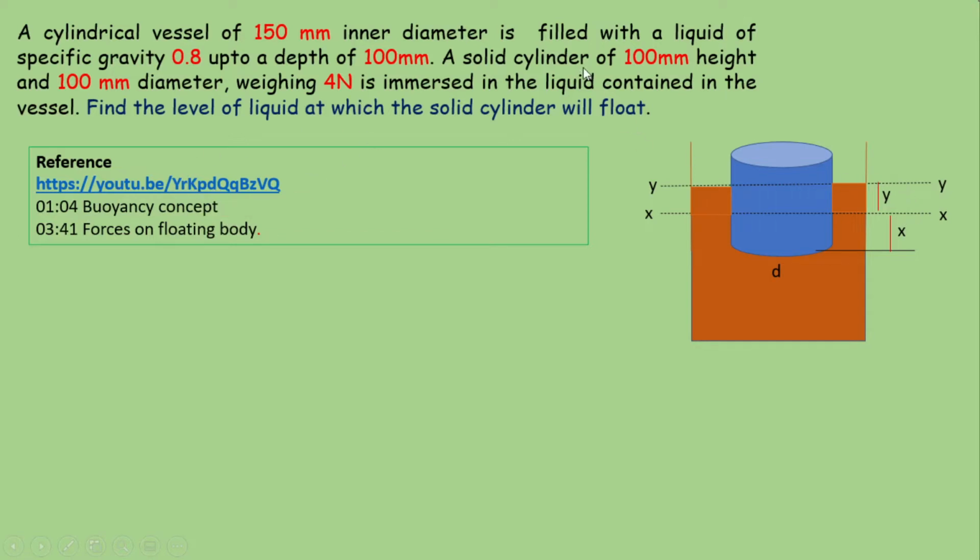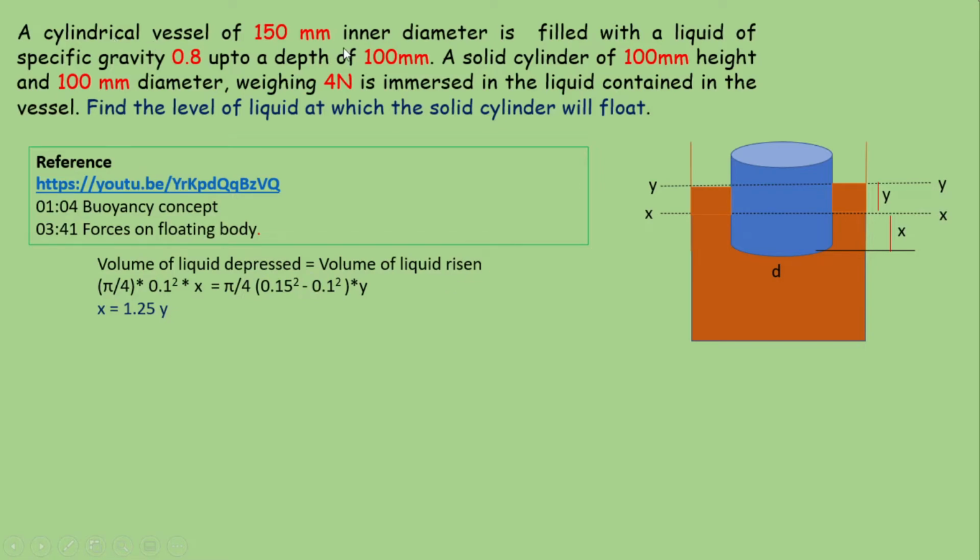When we drop the solid cylinder, the volume of liquid depressed is equal to the volume of liquid risen. The volume of liquid depressed is equal to the cross-sectional area of the cylinder multiplied by X, where X is the depth of the bottom surface of the cylinder with respect to the original level. So the volume of liquid depressed equals the volume of liquid risen.